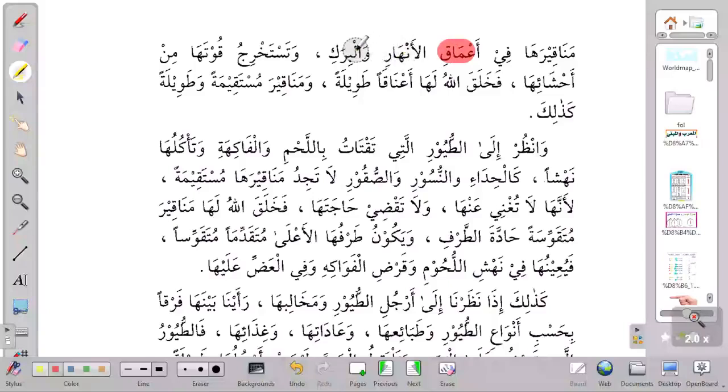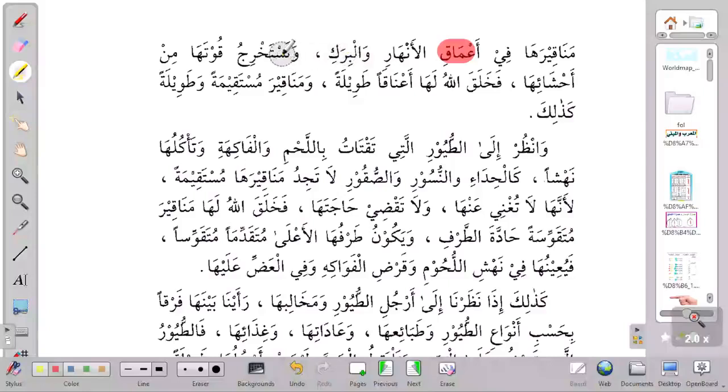And then birak is the plural of birqatun, which means a pool or a pond. Okay, so he's saying that this type of birds which feeds in water, tursilu manakiraha, they send or insert their beaks into the depth of the water, of the rivers, and then the birak, the ponds.